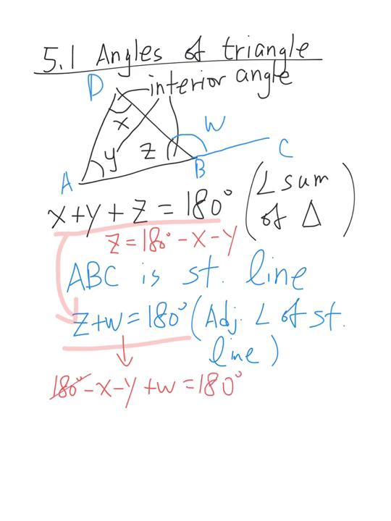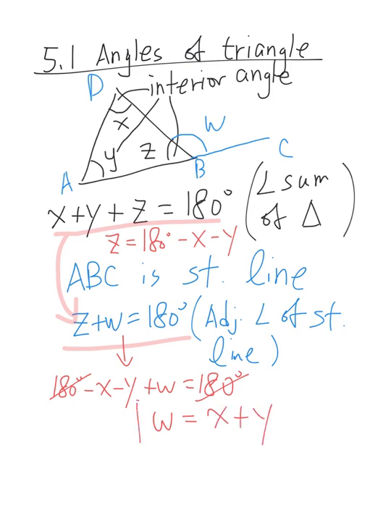Quickly, you can see that the 180 degrees has been cancelled out. And let me change the subject to become W. So let me put the X and Y to the other side.